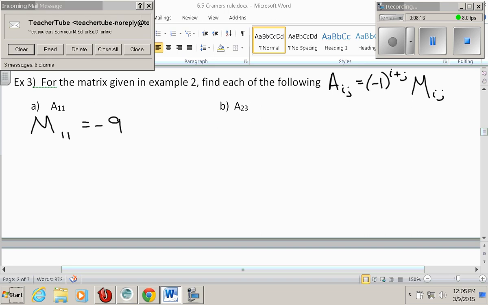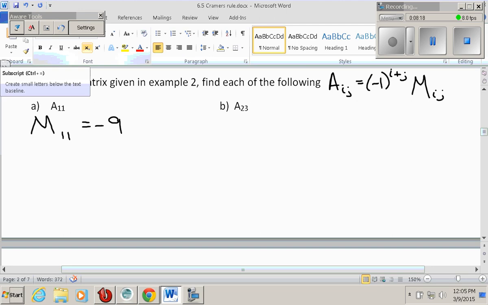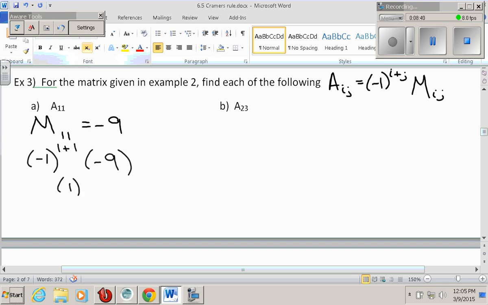So now we're basically just plugging in here, okay? We know what I is, we know what J is. They're both 1. So we're going to have negative 1, and then 1 plus 1. And then since we know our minor 1, 1, we're going to be doing negative 9. Okay? So negative 1 squared gives me a positive 1, times negative 9 gives me negative 9.